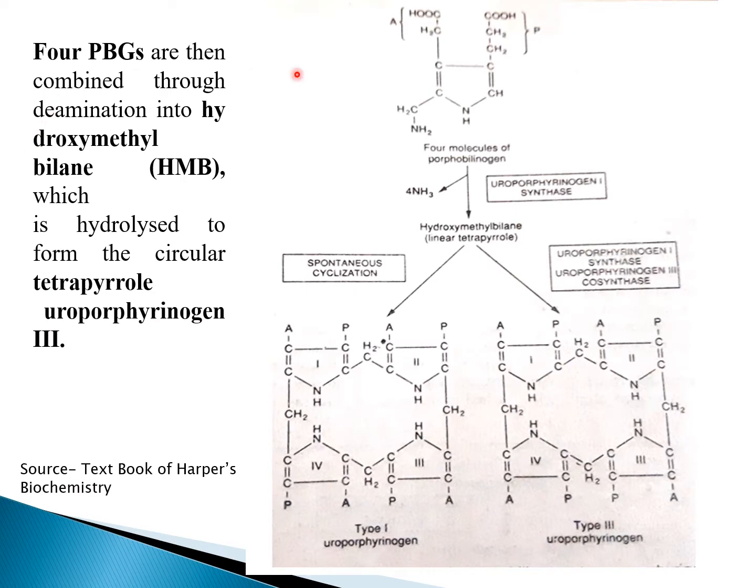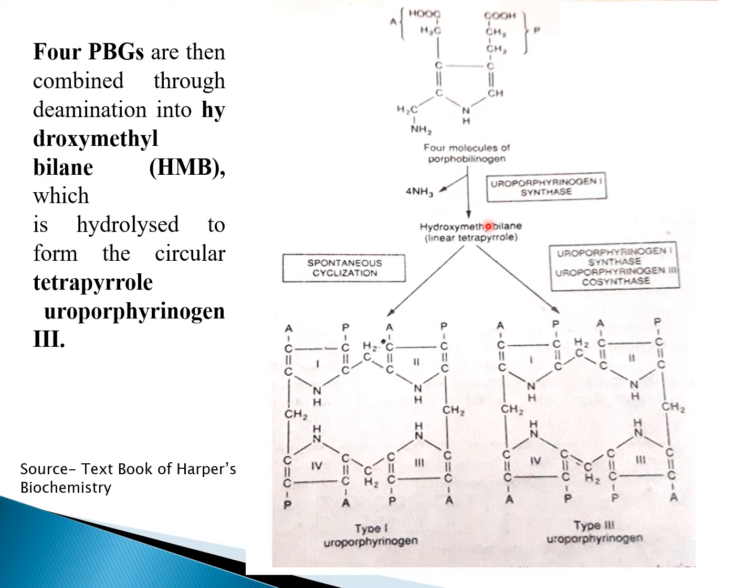The third step involves again condensation of four molecules of PBG. These are combined, and the reaction is catalyzed by uroporphyrinogen synthase, and it's a deamination reaction.